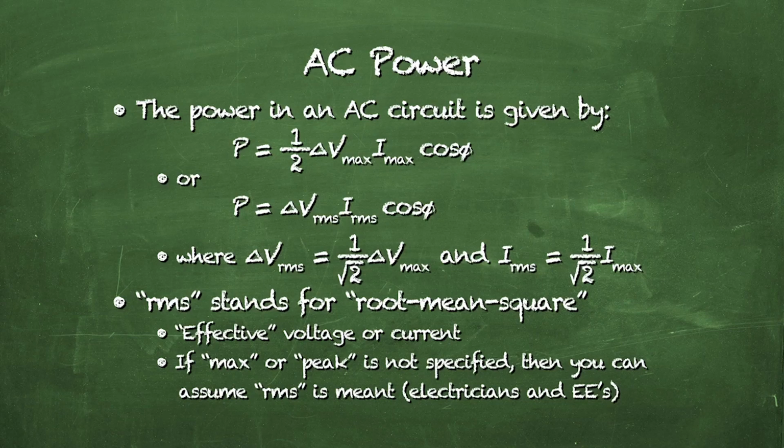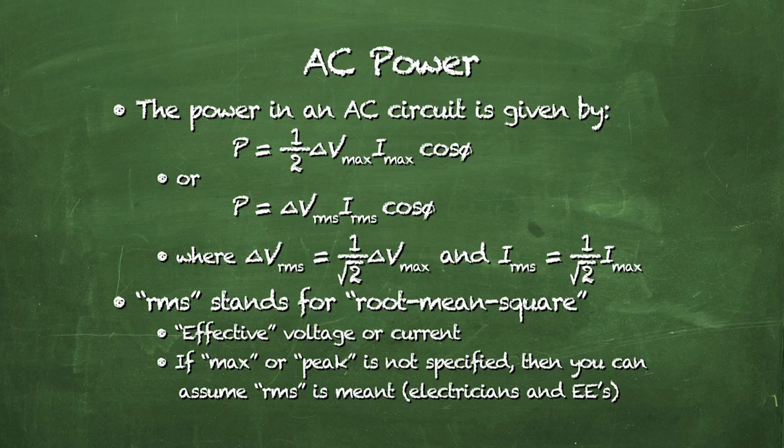When electricians and electrical engineers talk about alternating voltage, they mean the RMS voltage, not the peak. The RMS voltage and the maximum voltage are related by delta V RMS is 1 over root 2 delta V max, and the RMS current and the maximum current are related by I RMS is equal to 1 over root 2 I max.